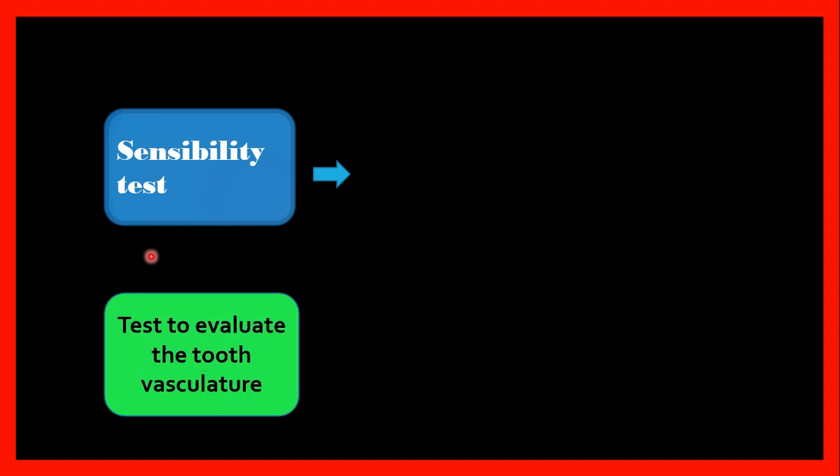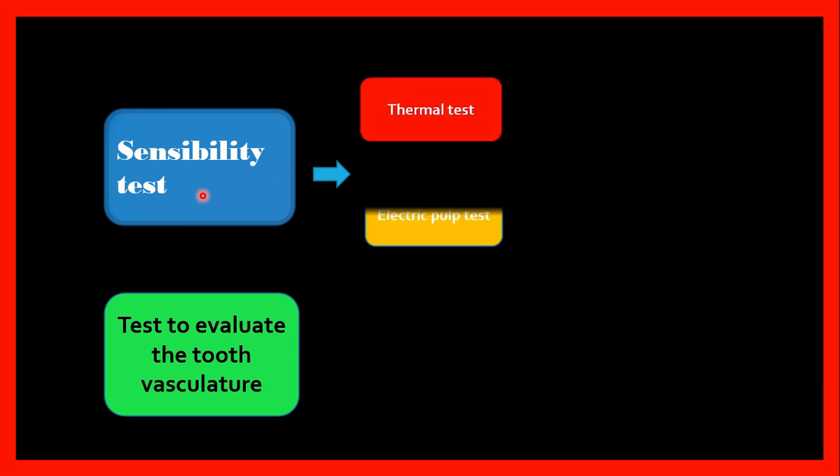So these are broadly categorized as sensibility tests and tests to evaluate the tooth vasculature. What does the word sensibility mean? Sensibility is defined as the ability to respond to a stimulus, and hence this is an accurate and appropriate term that we commonly use in clinical practice for tests like the thermal test and the EPT, or electric pulp tester.